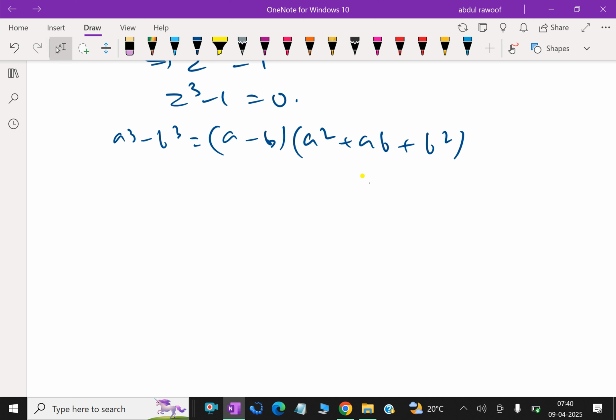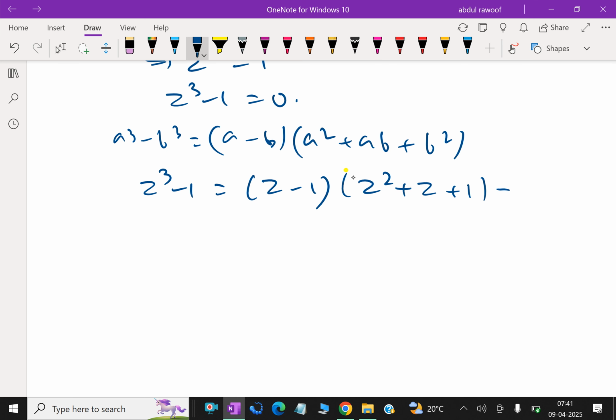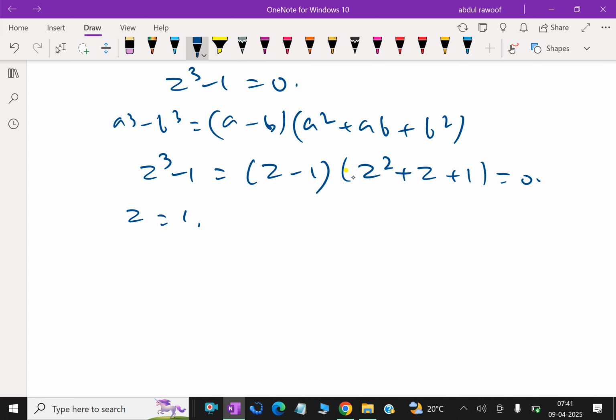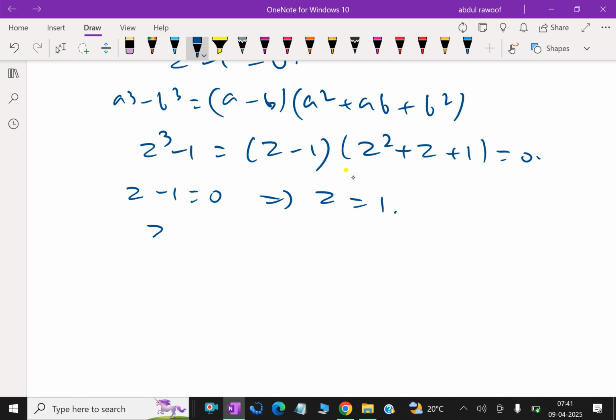Therefore z³ − 1 can be written in factors as (z − 1)(z² + z + 1) = 0. The first factor z − 1 = 0 gives z = 1. This is the first solution. Then z² + z + 1 = 0.